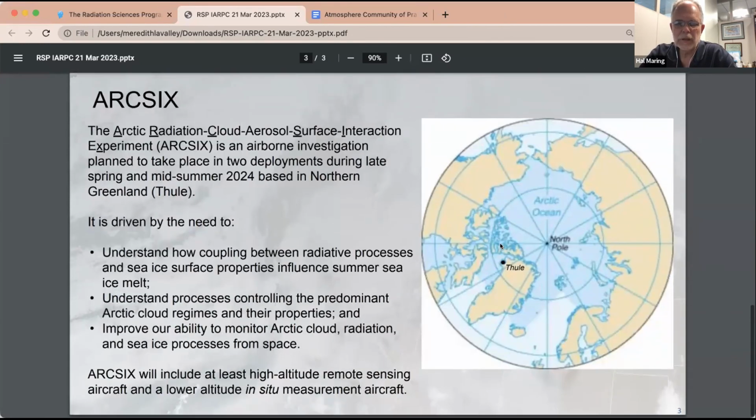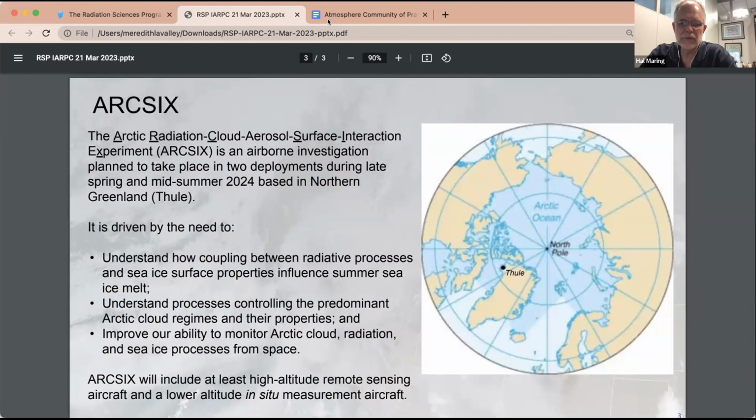What we're looking forward to next, and we've started the process for, is a campaign we're calling ARC6, the Arctic Radiation Cloud Aerosol Surface Interaction Experiment. It's going to take place in the spring and midsummer of 2024, so that's next summer, just a little more than a year from now.